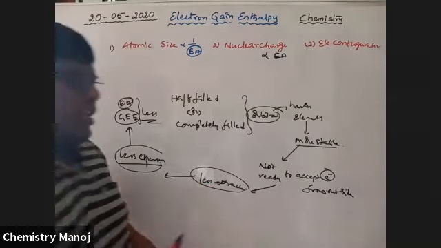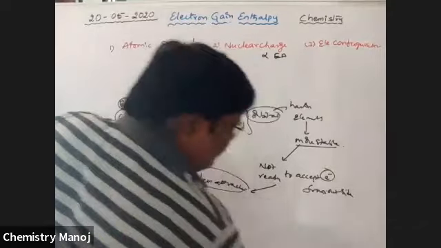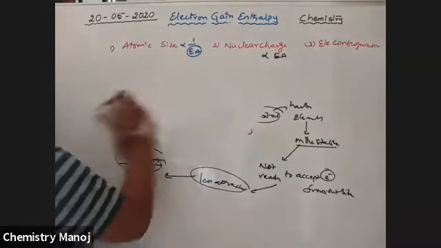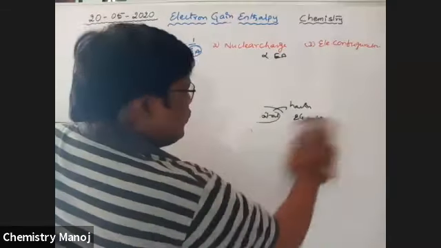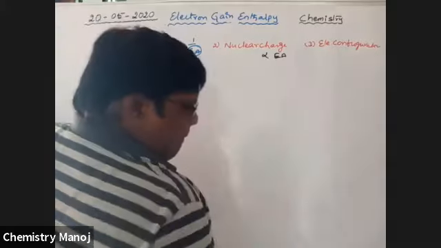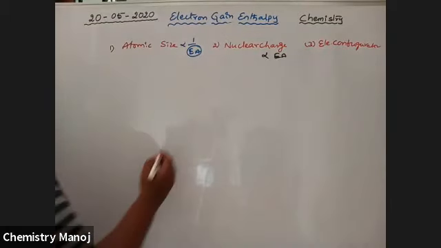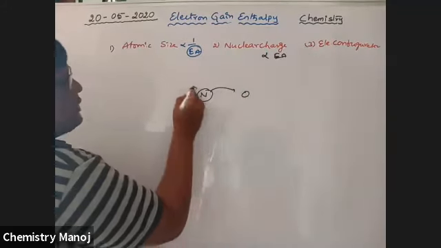So let us take an example here. Carbon, nitrogen, and oxygen: nitrogen is the next element, oxygen the next, and carbon its preceding element.